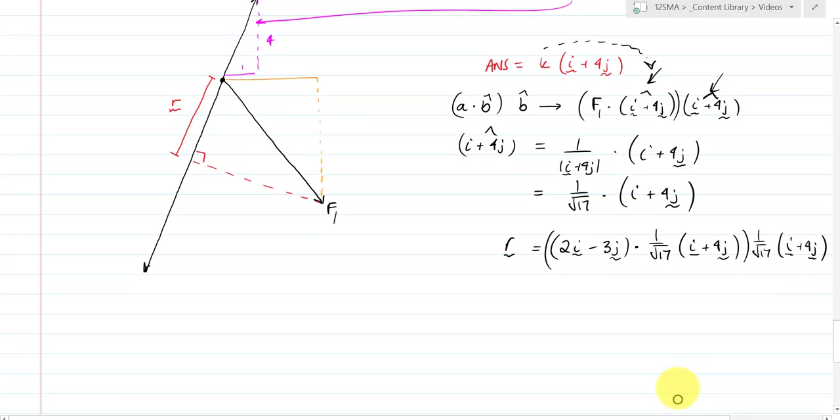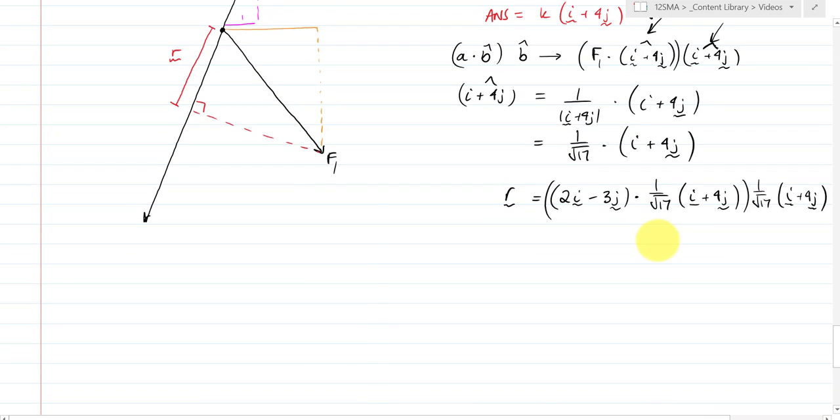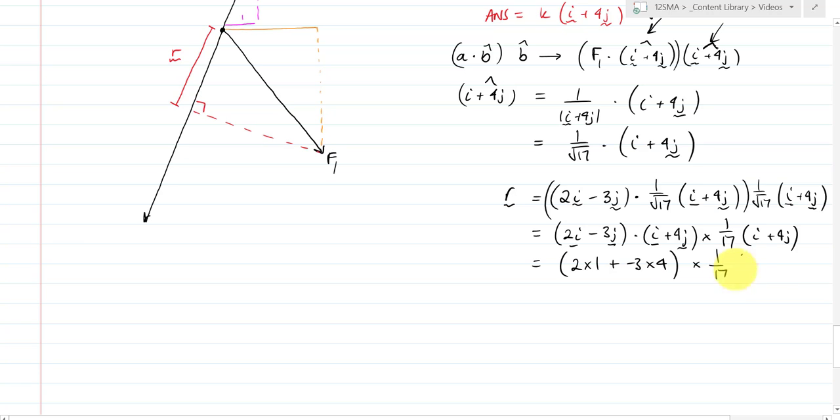Now we know that 1 on root 17 is a scalar, so it doesn't have to be included in our dot product. I bring that out, and I end up with 2i minus 3j dot i plus 4j, times 1 over 17, since the root 17s cancel, times i plus 4j. We also know how to compute dot products, so this becomes 2 times 1 plus negative 3 times 4, times 1 on 17, i plus 4j.